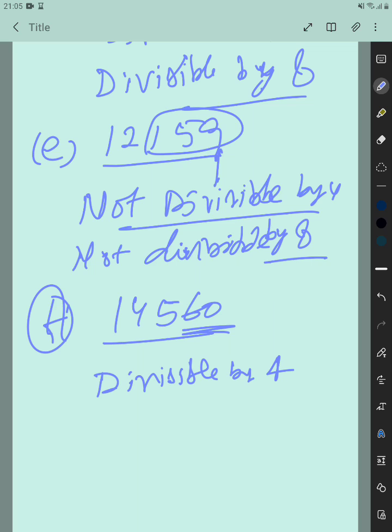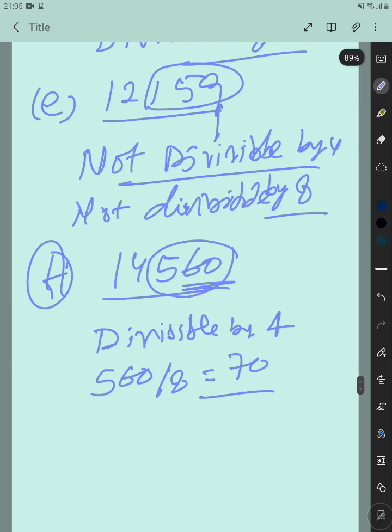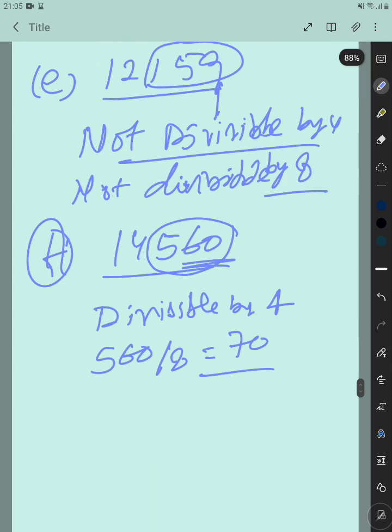Now if you want to find out divisibility of 8, then you need to find the divisibility of 560, okay. 560 divided by 8 comes as 70, so it means it is divisible by 8. So complete number is divisible by 8, okay.